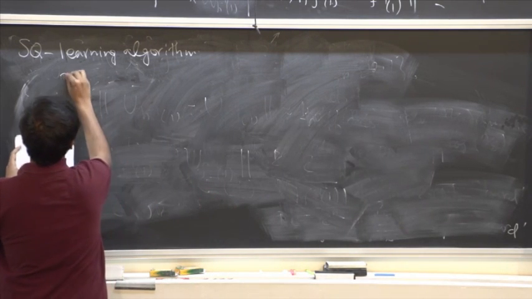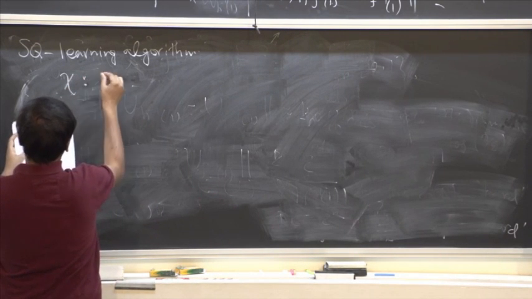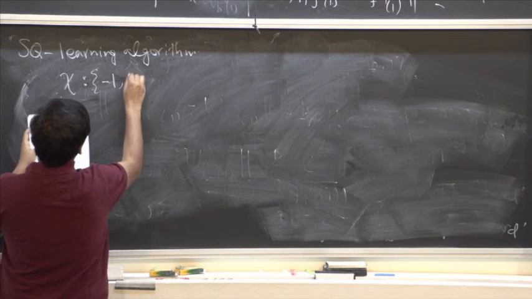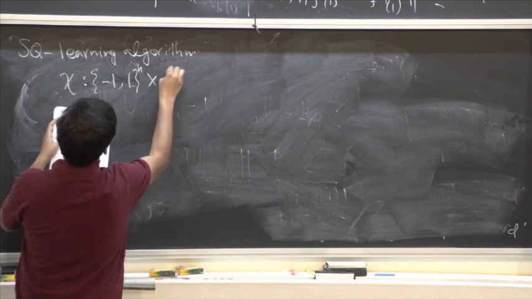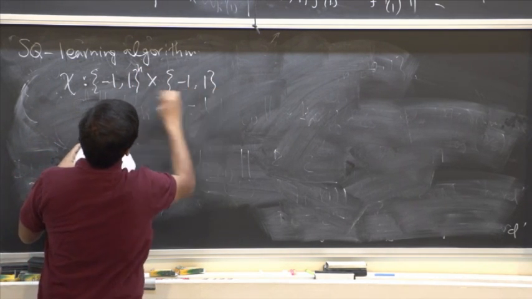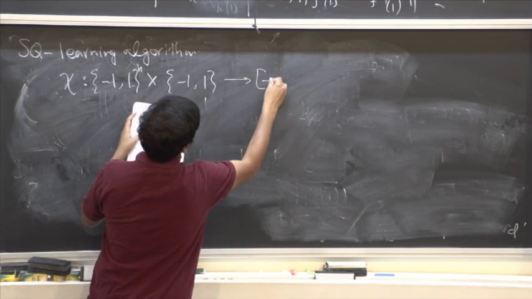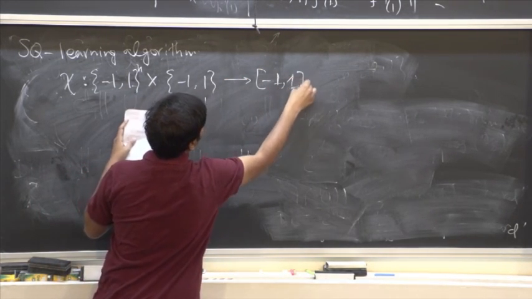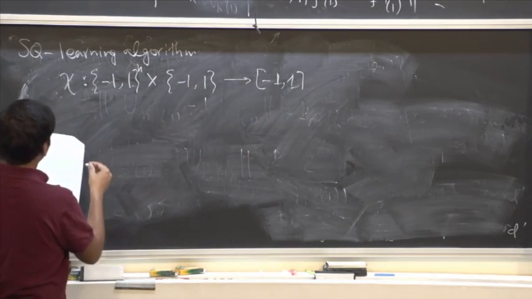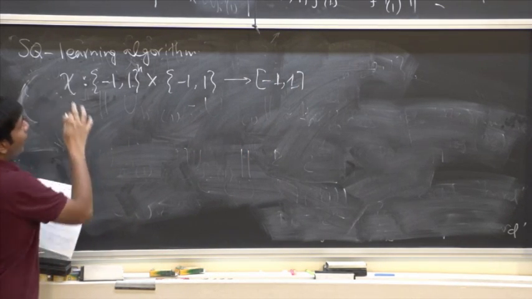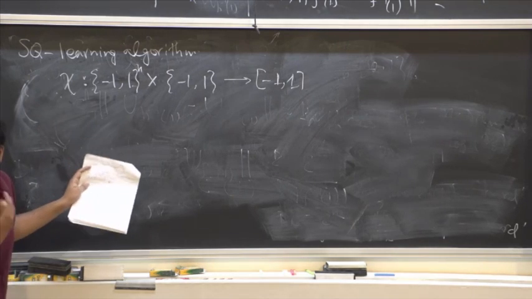A statistical query is defined by a function chi, which takes {-1,1}^n x {-1,1} to {-1,1}. It's labeled by a function chi, and this chi can be anything which is computable in polynomial time.